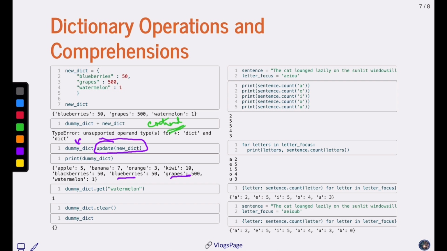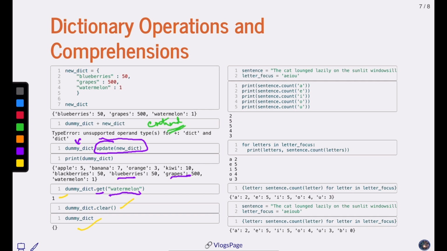And also, instead of referring to a particular address, you can also refer to the dummy dictionary using a particular key with get, like dummy dictionary get, and then its element, that is watermelon, it prints its corresponding value also. Say for example, you want to clear this dictionary, you have to mention clear, and automatically the empty dictionary gets created.